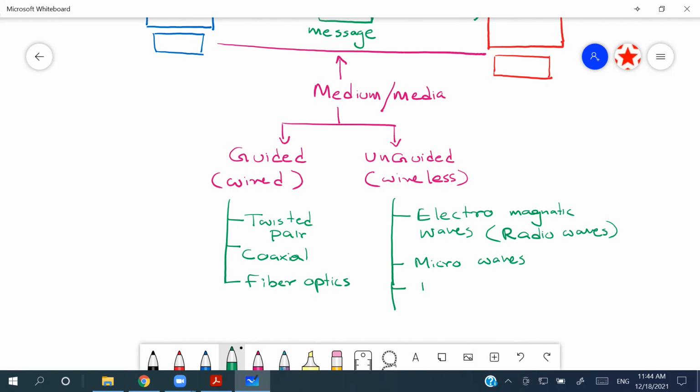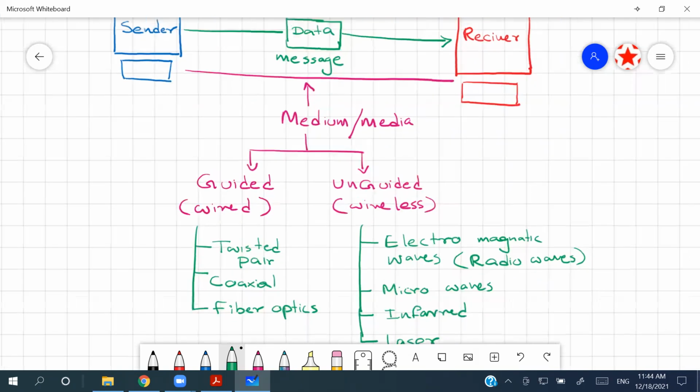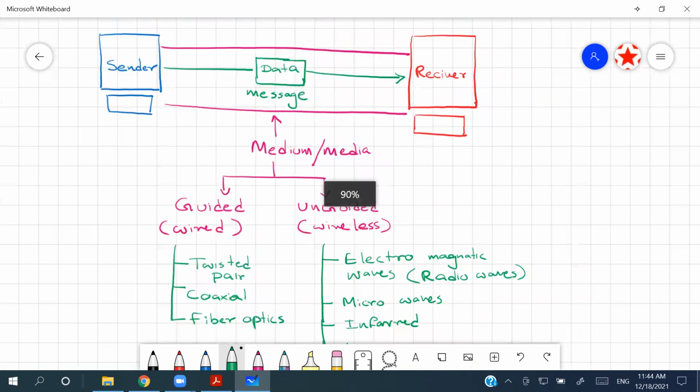And we use infrared, and then we are going to talk about laser communication using light, right? So generally, this is going to be the picture.